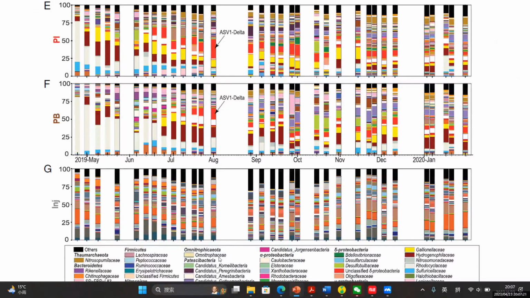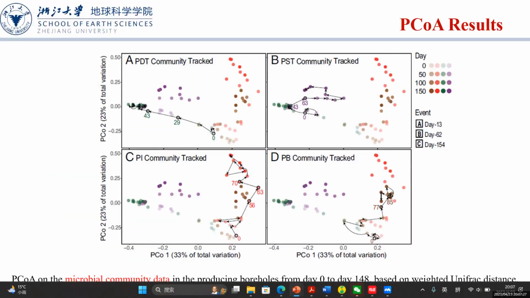And last one is the legends of the microbes. And this one is their principal coordinate analysis results. So they do the trajectory of each borehole.